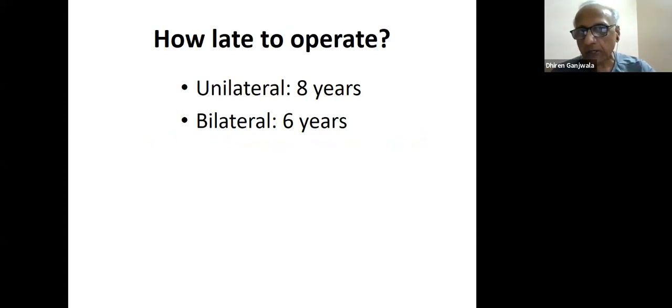Your examiner may not agree to this, but as a broad guideline, for a unilateral case you can say that I will not operate after 8 years. If it's bilateral, I will not go for surgery after 6 years. Why there is a difference, Hitesh will explain, like why there are 2 years difference between the two.